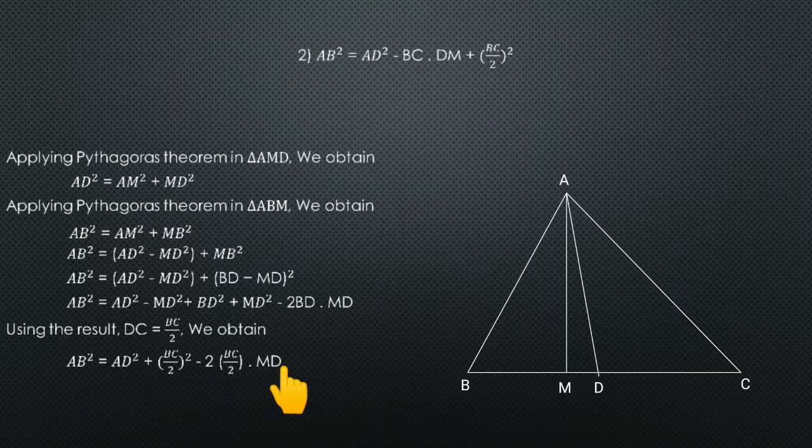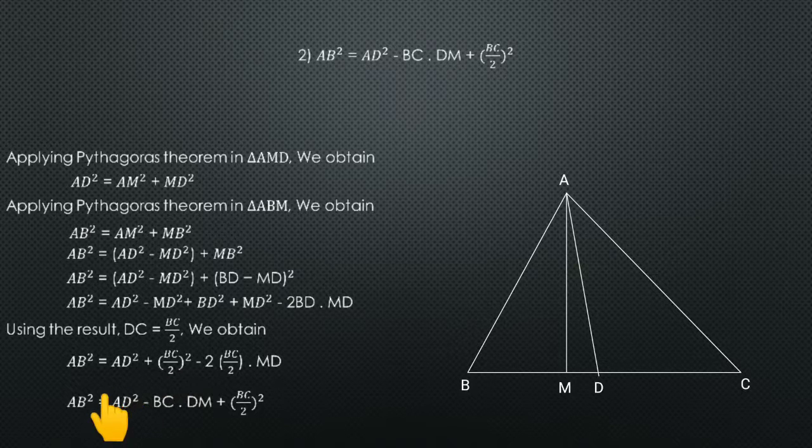Now simplify this, 2 cancel. Therefore, our result is proved: AB square is equal to AD square minus BC into DM plus BC by 2 whole square.